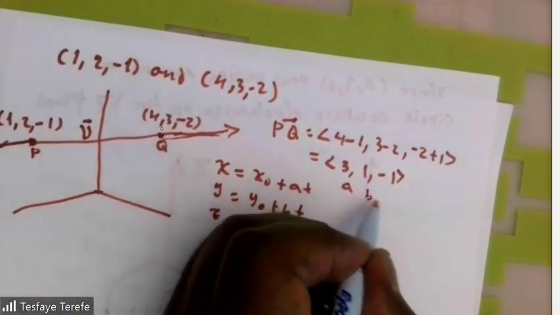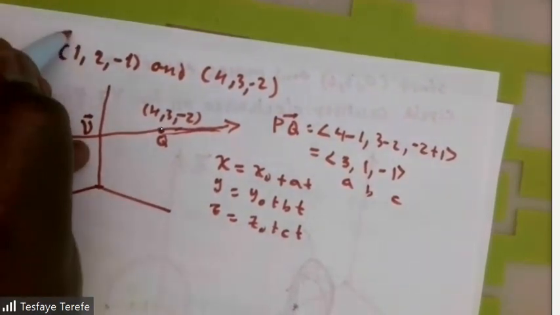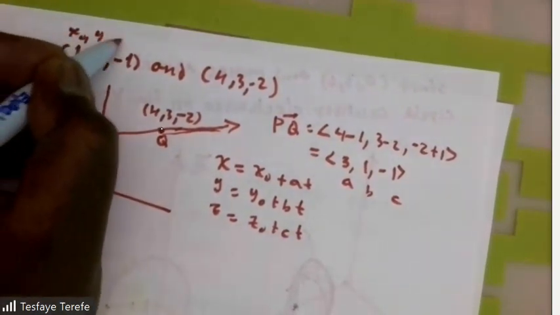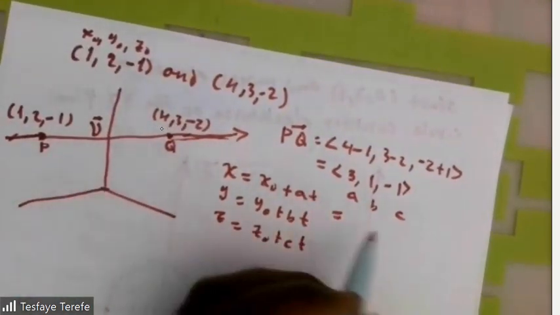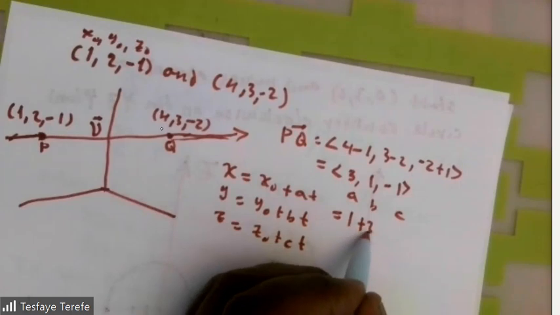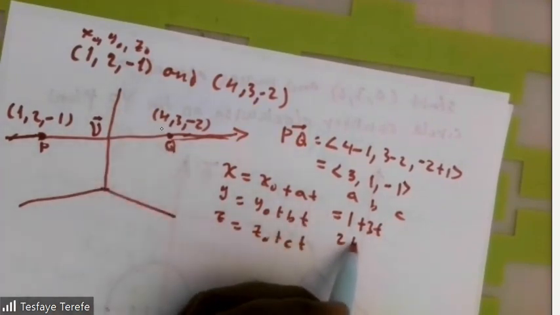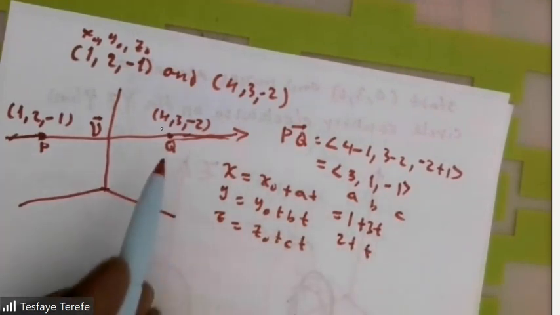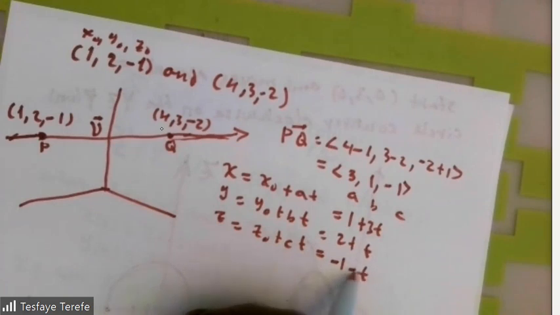We can write it, assuming that this is a, b, and c, and our x sub 0, y sub 0, z sub 0, let us write this one. Then as a result, 1 plus 3t, and the second one is 2 plus t, and the last one, the z value, you can write it as -1 minus t.